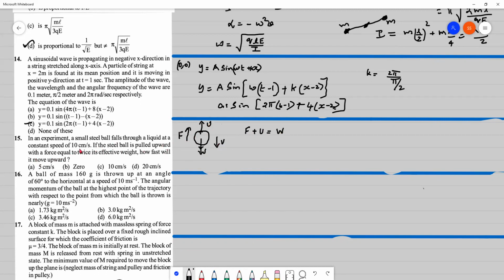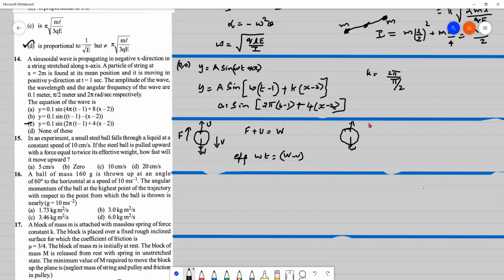The second part of the question is that the steel ball is pulled upward with a force equal to twice the effective weight. Here the weight is W, but the effective weight inside the liquid is W minus U. So now, according to the new situation, this W is there already.